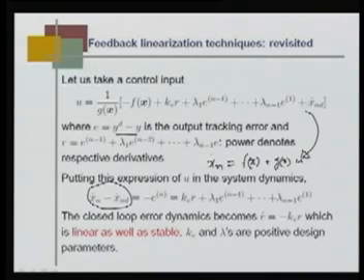So, the closed loop dynamics becomes, if I take this term to this side, then this will become r by definition, and r dot becomes minus k_v r, which is linear as well as stable, given k_v and the lambdas are positive parameters.